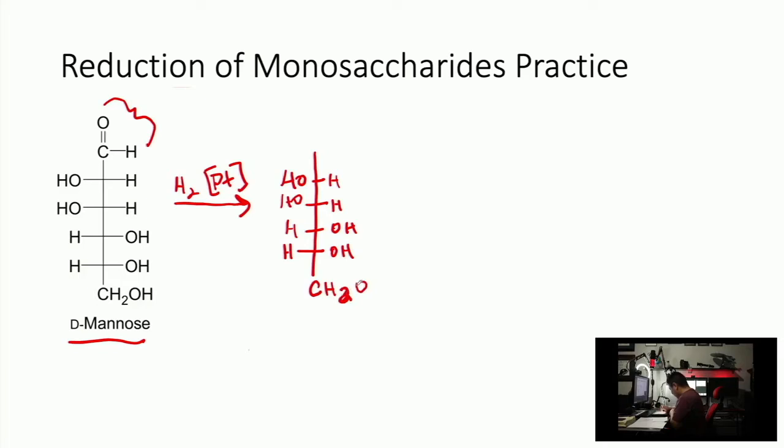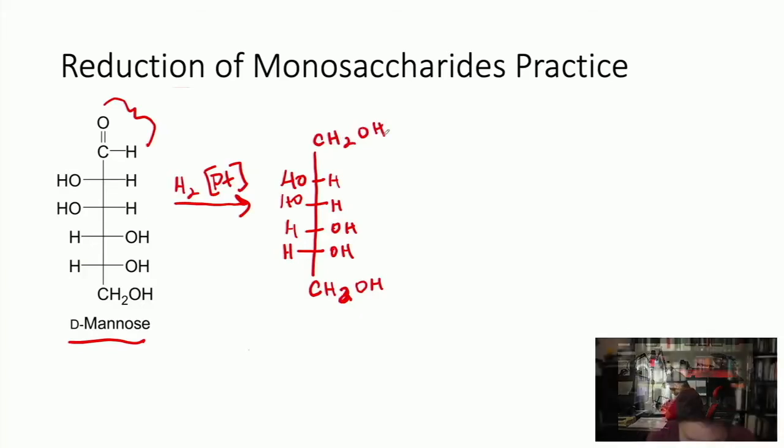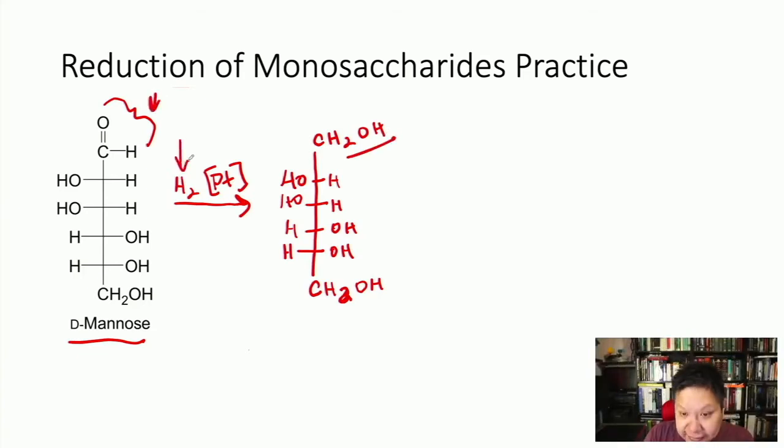C2, CH2OH, and the aldehyde becomes CH2OH as well, right? We gained 2 hydrogens in here, whereas there used to be only 1 hydrogen that came from this hydrogen gas, right? And that is our sugar alcohol, mannitol. I believe there's 2 N's in mannitol. There we go.